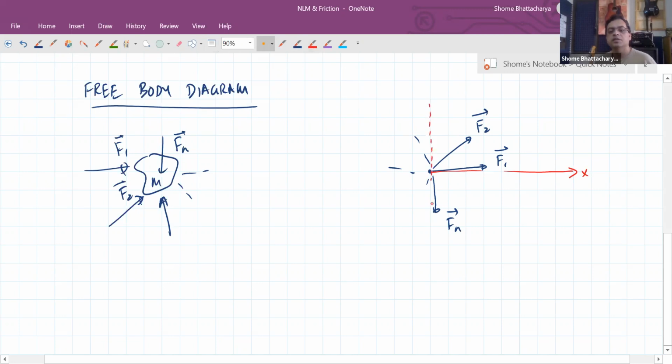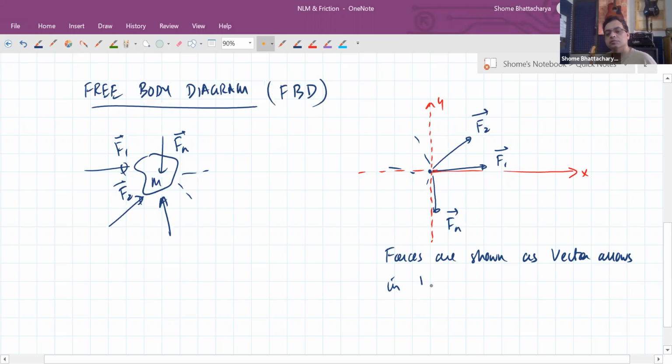If required, two-dimensional; if required, then three-dimensional, whatever be the case. And the forces are resolved. So forces are shown as vector arrows in the free body diagram, originating from the point mass.